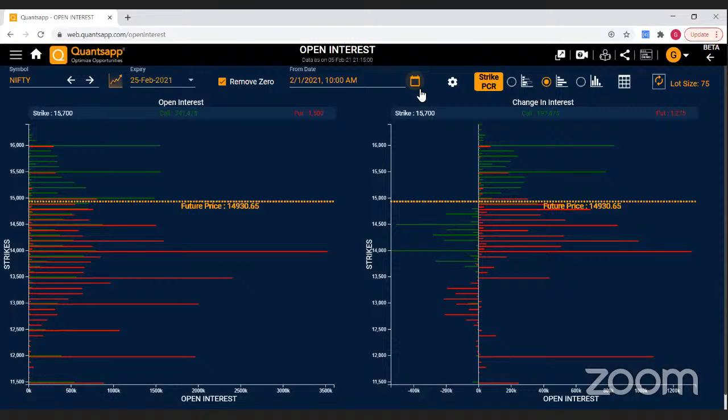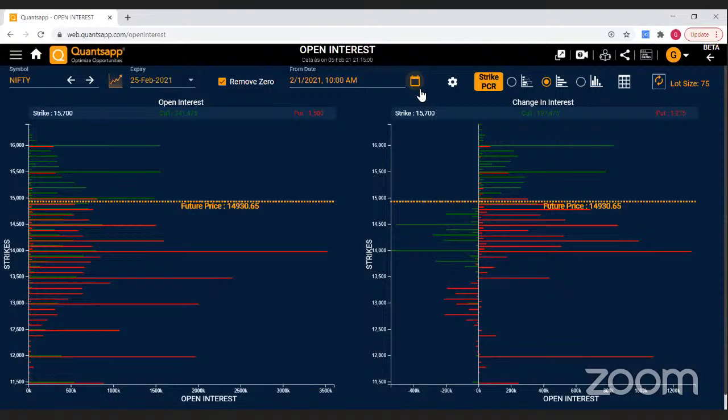I'll tell you, on the day of the budget, what happened after the budget? There was a lot of upshift seen in the market and on the open interest front; put writers were adding positions, call writers were unwinding their positions and shifting to the next level. So it gives me what happened after the budget, how the open interest shifted after the budget.